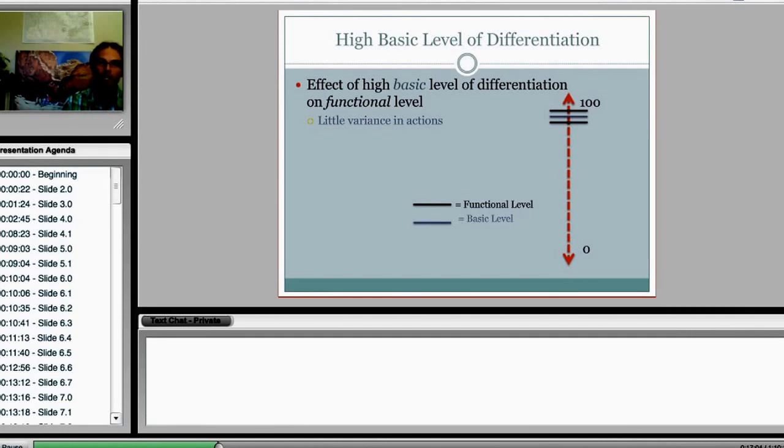What that really means in terms of day-to-day functioning is that people with this extremely high level of basic differentiation are able to manage the day-to-day stressors that come up in a way that is not significantly different than the way they handle things when life is great.